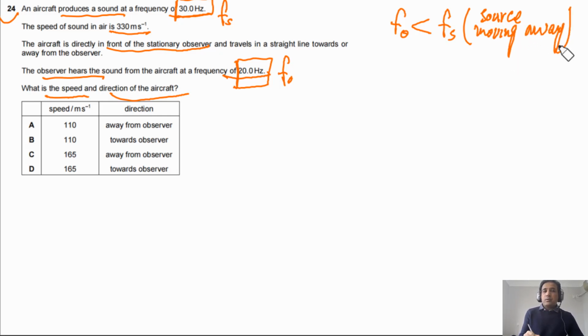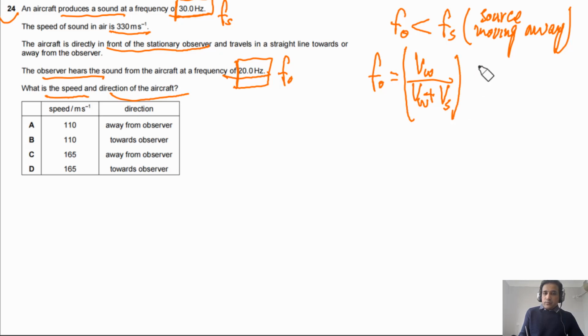So simply we can write the Doppler effect equation. F observed is equal to the speed of the wave divided by the speed of the wave plus the speed of the source, multiplied by the frequency of the source. We need to find out Vs in this case.